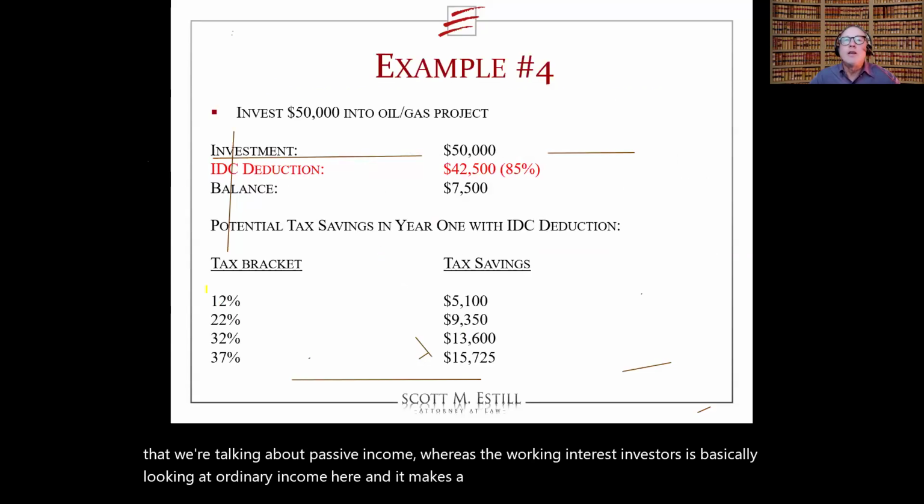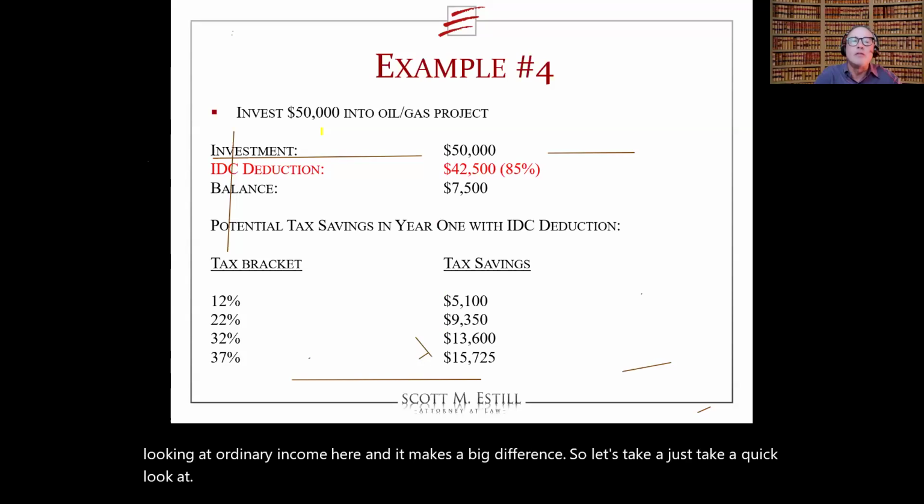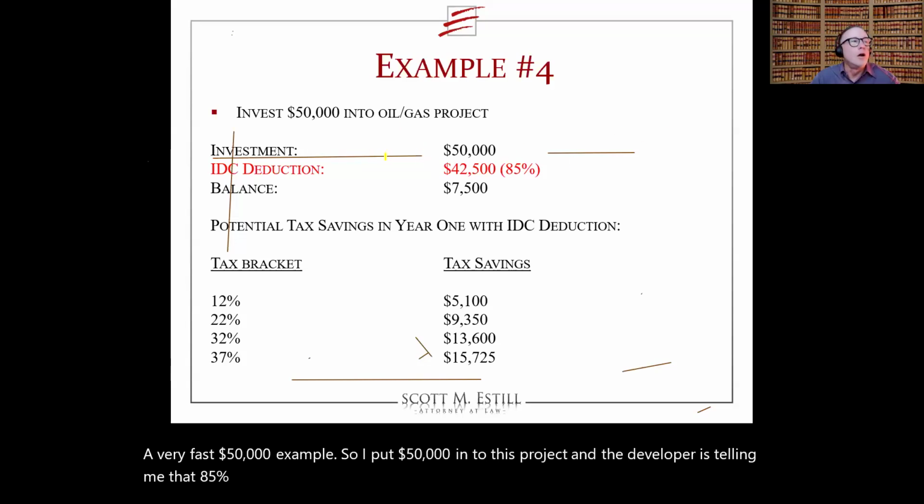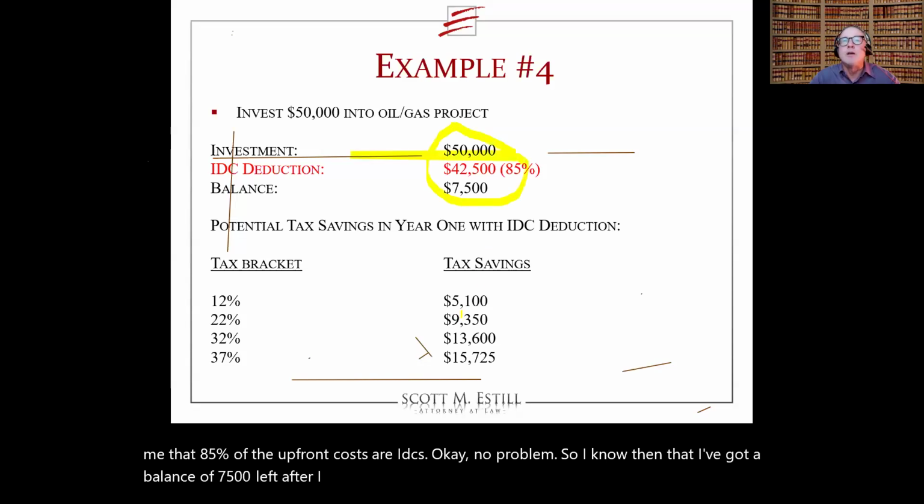So let's just take a quick look at a very fast $50,000 example. So I put $50,000 into this project, and the developer is telling me that 85% of the upfront costs are IDCs. Okay, no problem. So I know then that I've got a balance of $7,500 left after I take this big deduction up here, right?